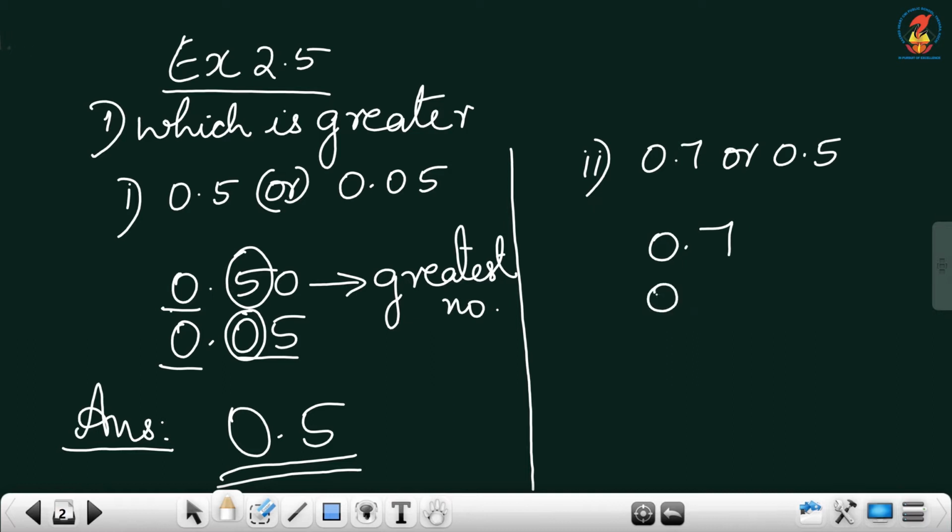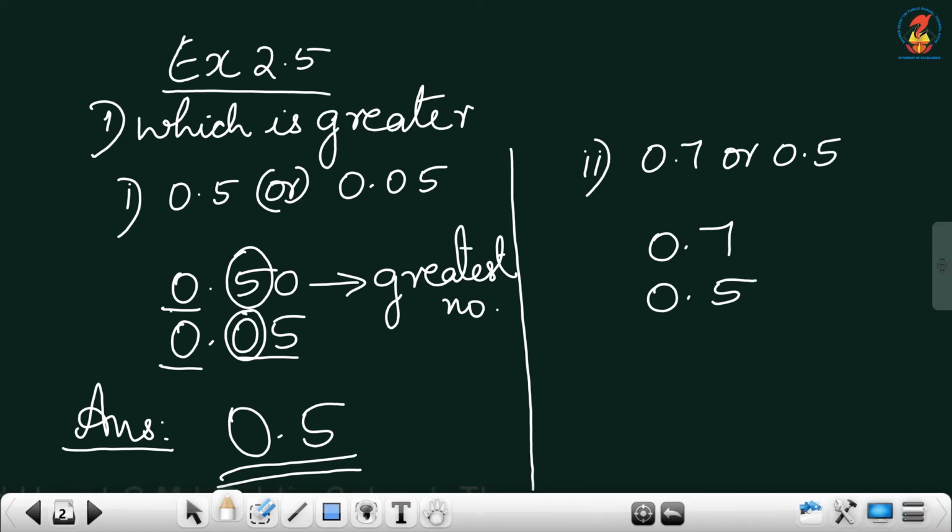0.7 and 0.5. We have to find which one is greater here. First you check whether they are like decimals. Yes, they are like decimal. What is the reason for that? Here the number of digits in the decimal part is the same, so we can say that they are like decimal. If they are like decimal, you start looking from the whole number part.